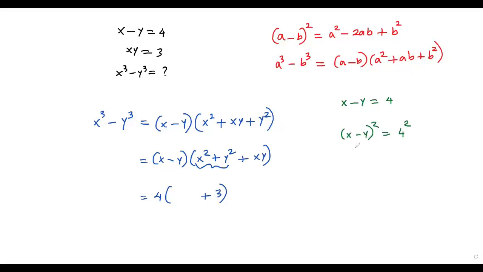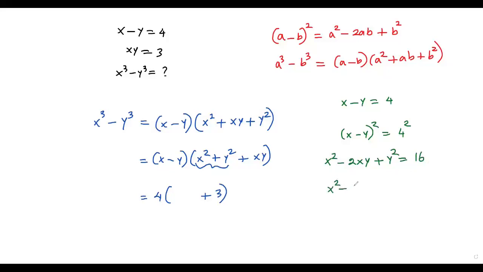This is exactly in the form of (a minus b) the whole square, so we write the same for (x minus y) whole square: instead of a we write x, instead of b we write y. So we have x square minus 2xy plus y square equal to 4 square, which is 16.